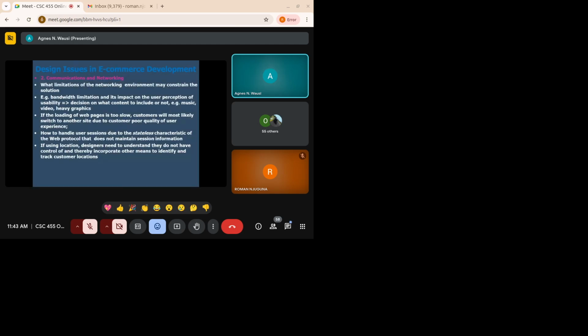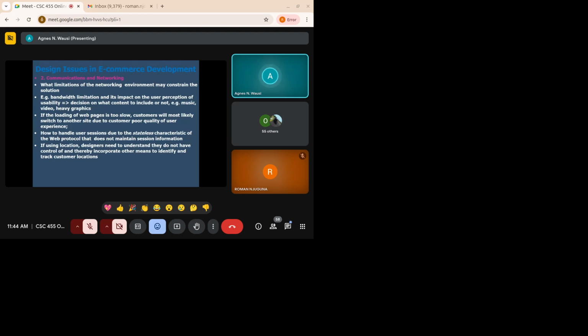Here we need to understand the web and the internet protocols, which is very critical, because you start being able to balance the limitation of bandwidth, which may not necessarily apply if you are in a place where bandwidth is not an issue.